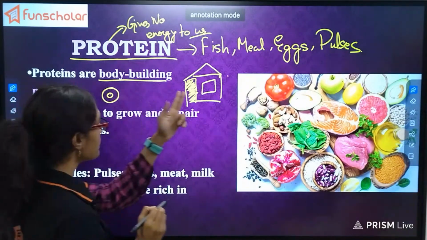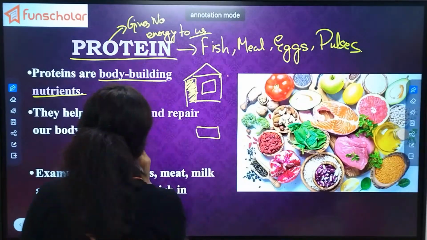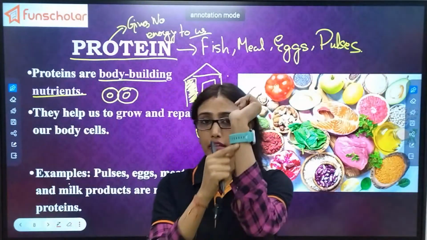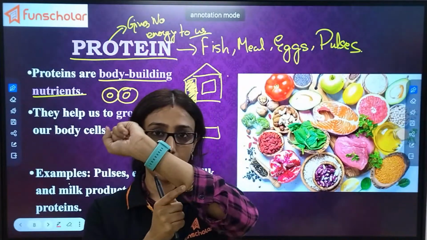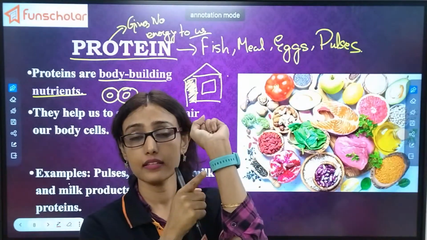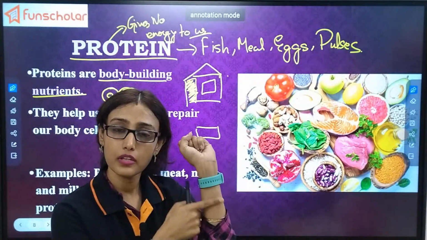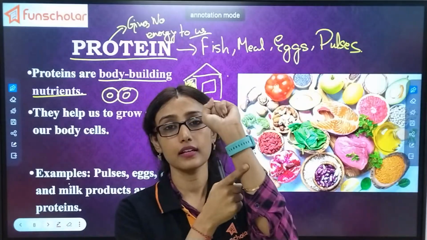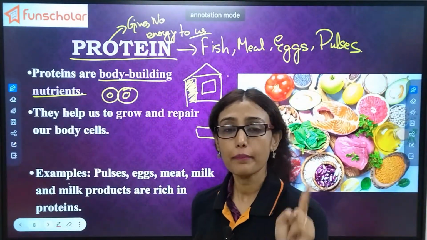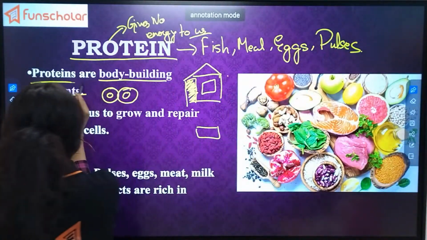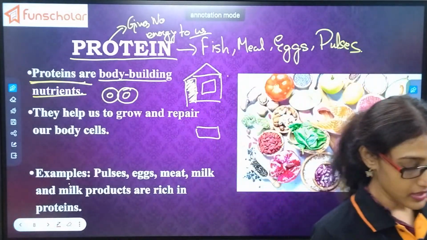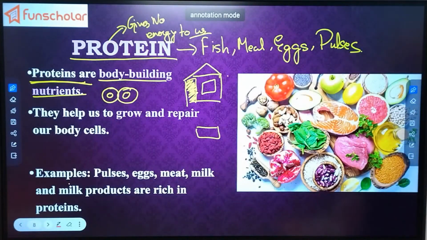Okay, instead of brick, the body is being made of cells. Now, if you just have a cut in your hand, after some days you start finding that new cells are being formed, and the cut is being healed with time. How? Due to the presence of protein. That's why protein is very important in our diet.